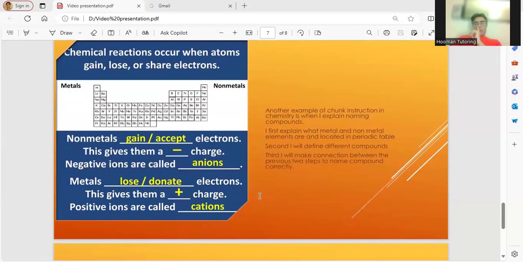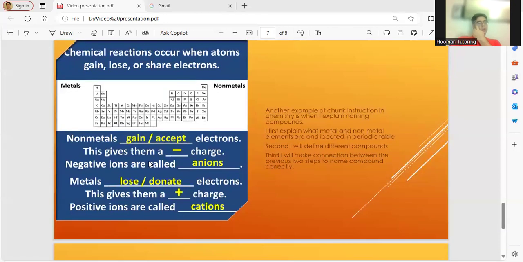The other example for chunking instruction in chemistry is when I'm going to explain compounds and the naming of compounds specifically. I first explain the metal and the non-metal to the students, and I will explain the difference between those. For instance, non-metals are gaining electrons and metals are losing electrons.